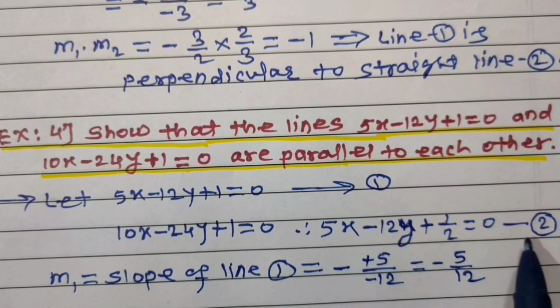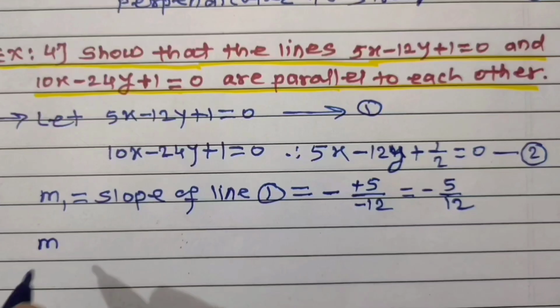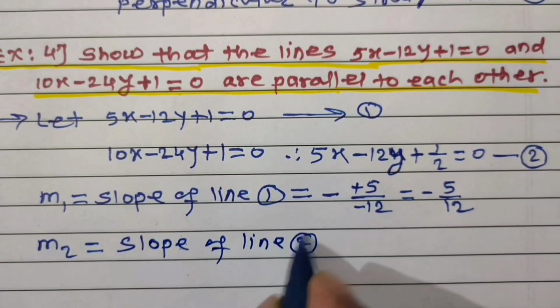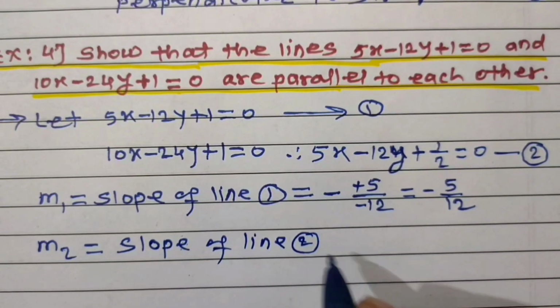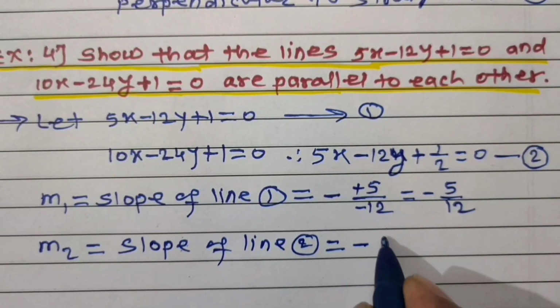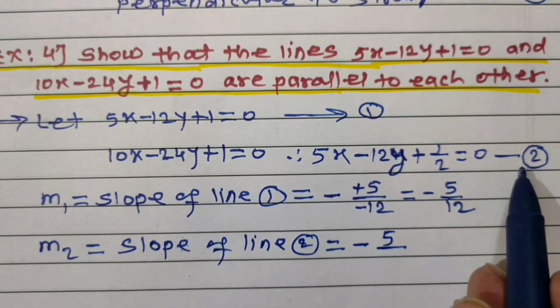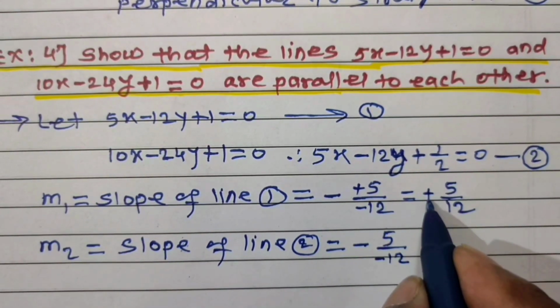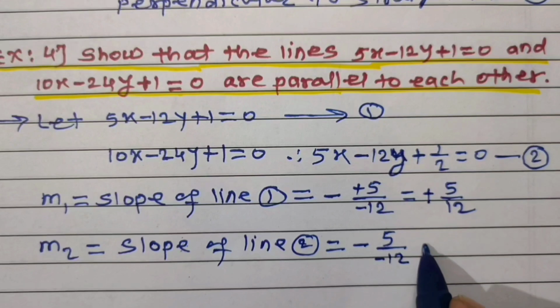Now find slope of straight line 2, that is m2. m2 is equal to slope of straight line 2, and this is equal to minus coefficient of x in line 2, which is 5, and coefficient of y in line 2 is minus 12, and here minus minus is plus.